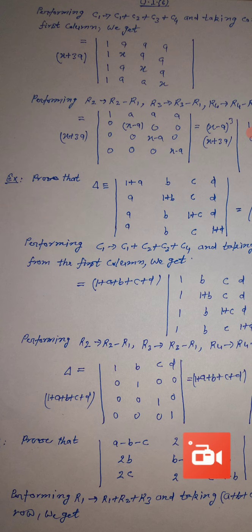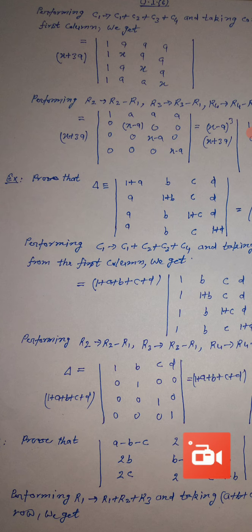We perform C1 as C1 plus C2 plus C3 plus C4, and taking x plus 3a common, we get x plus 3a, in first row 1 a a a, in second row 1 x a a, in third row 1 a x a, and in fourth row 1 a a x.